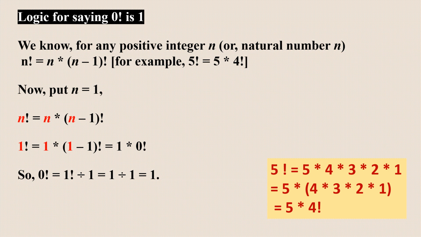N factorial is equal to n into n minus 1 factorial. 1 factorial is equal to 1 into 1 minus 1 factorial, or 1 into 0 factorial. So, 0 factorial is equal to 1 factorial divided by 1, which is 1 divided by 1 equals 1.